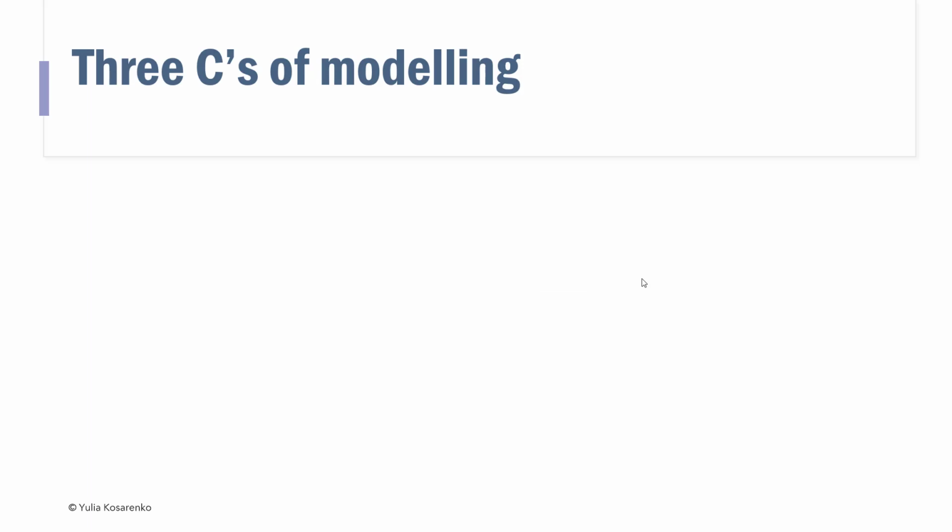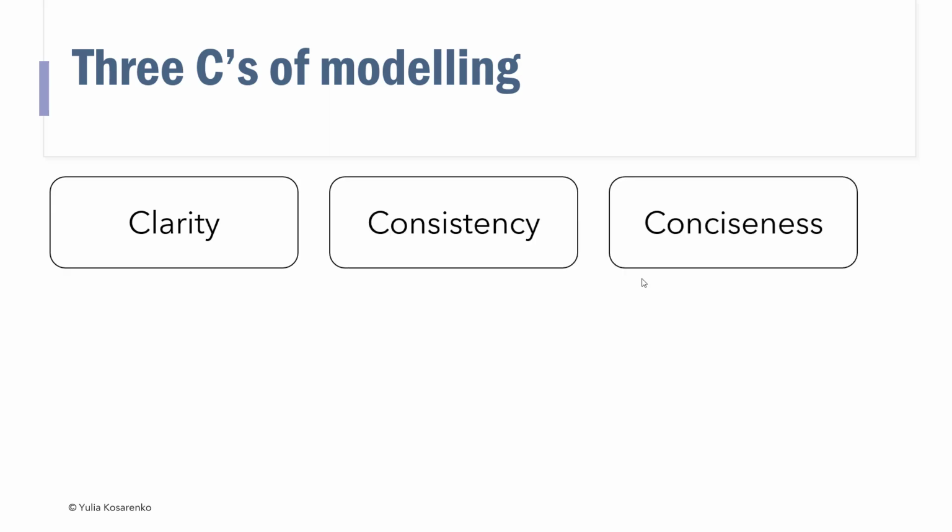So lots of diagrams. I will give you just a couple of examples, but what I want to also give you today is remind you of the 3 C's of modeling, how to make those models quality and work well for you. These 3 C's are clarity, consistency, and conciseness.